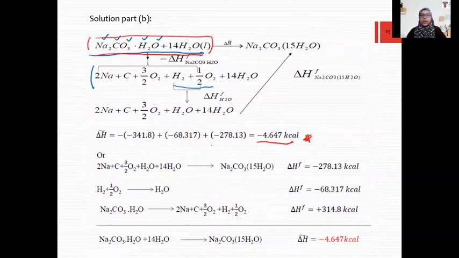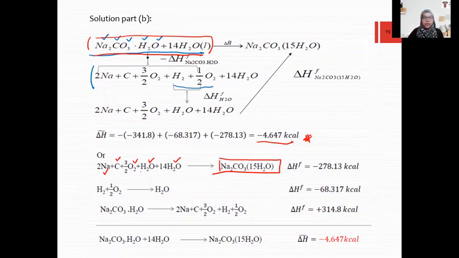For the second method, based on the relevant reaction, first we need to extract all the information from sodium carbonate, water plus 40 mole of water. So we have sodium carbonate, carbon, oxygen, water, and 14 mole of water. So it gives us the sodium carbonate monohydrate in 15 mole of water.